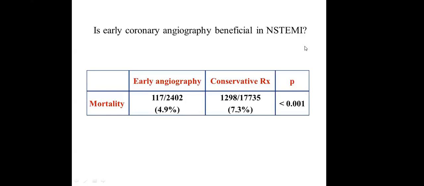When they looked at those who received early angiography of the coronaries, they seemed to have lesser mortality than those who had more conservative treatment, where they would wait and not do early angiography. They might do it later. And those two percentages are significantly different, with a very significant p-value. However, there was selection bias, as in all studies that aren't randomized, and so they later did some propensity analysis to look at the data.